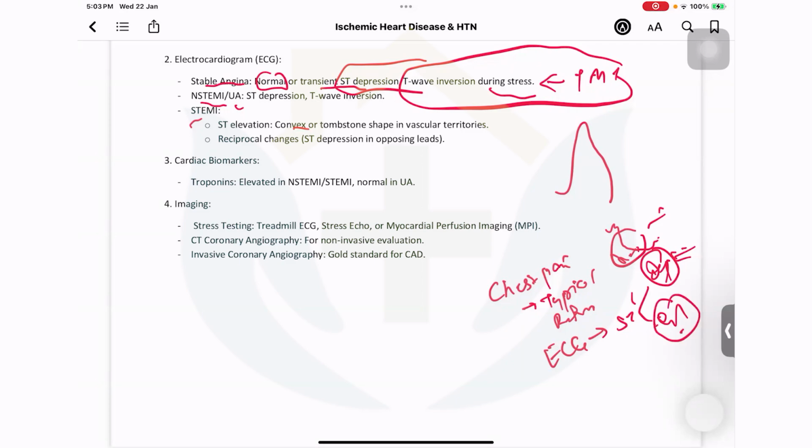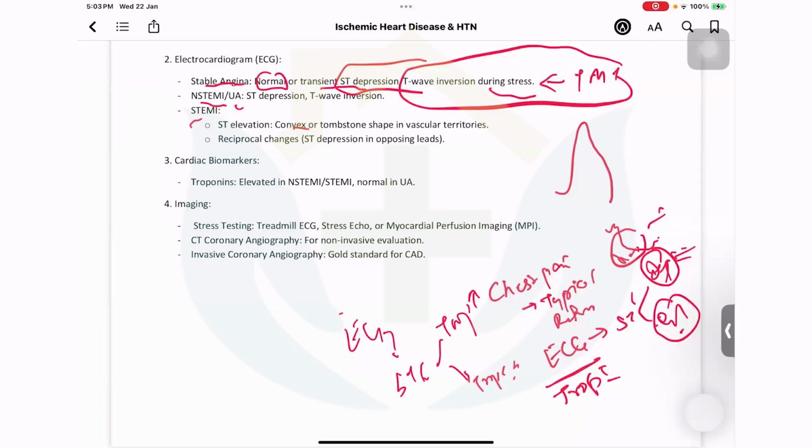So what next? You will do biomarkers, blood markers. Troponin I. If on the ECG there is ST depression but troponins are elevated, then it is non-STEMI. If the troponins are normal, it is unstable angina.